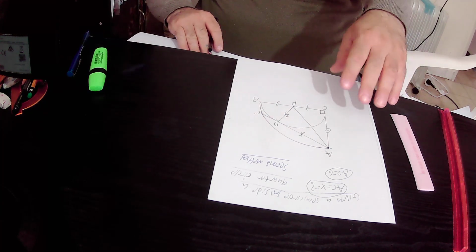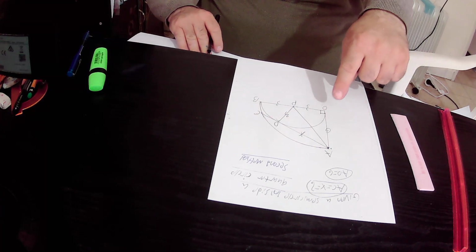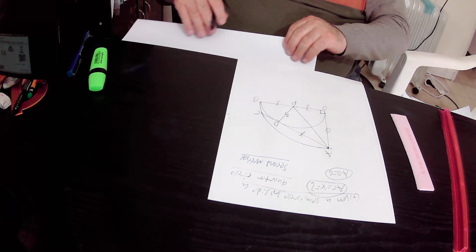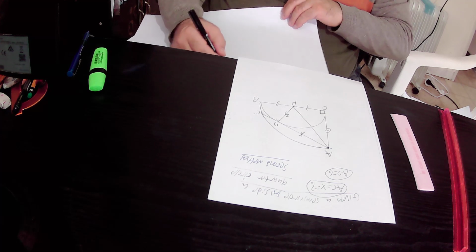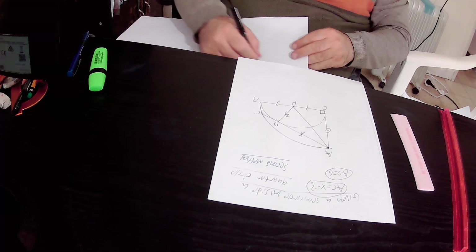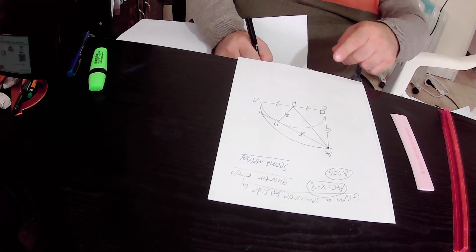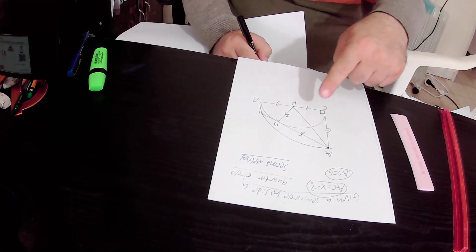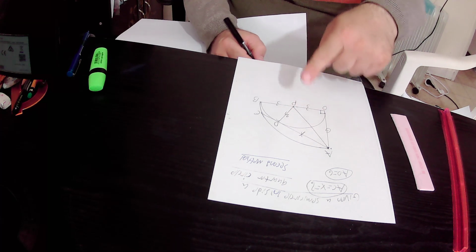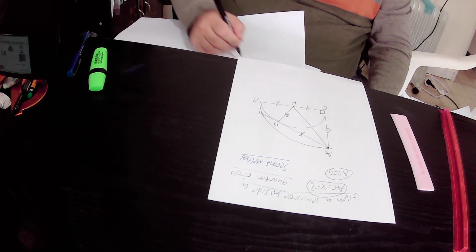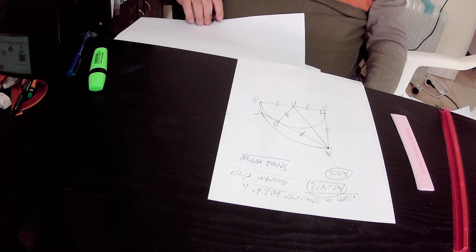We have already found out that triangle AOP, this right triangle, is congruent to triangle APD, this right triangle, according to the side rule.